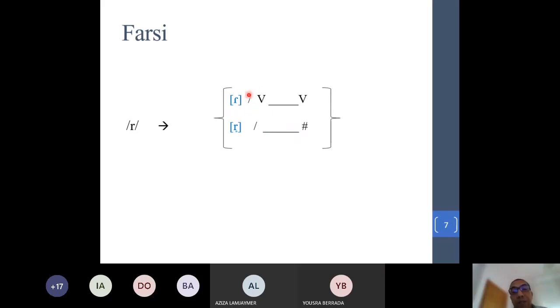The slash here means in the context of, and the curly brackets mean either it is realized as a tap when it occurs intervocalically, or as a devoiced sound when it occurs word finally.